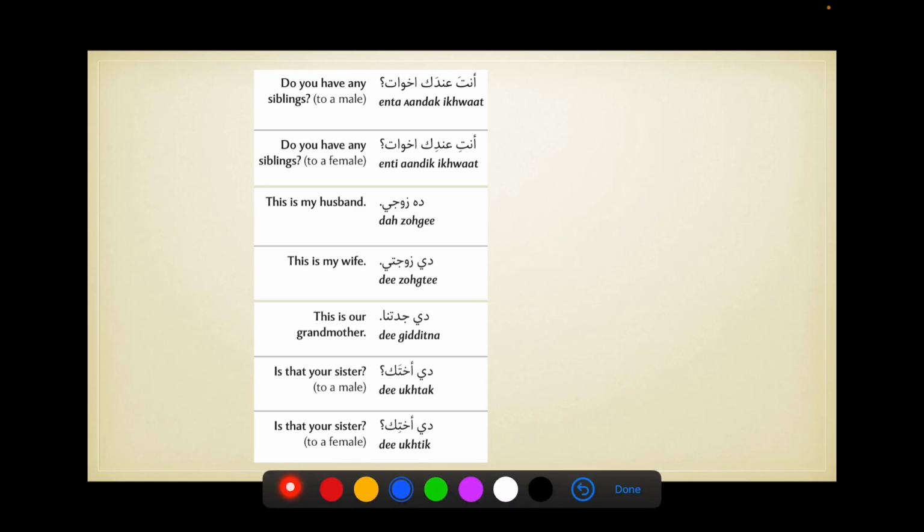Now let's see some sentences over here and try to convert them into Arabic. If you have to ask a male, do you have any siblings? You will say anta andak, which means you have. Anta andak means you have, and the word for sibling is ikhwat. So you should remember, ikhwat is for siblings.